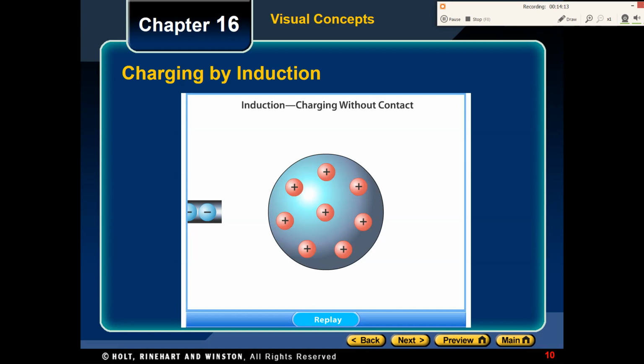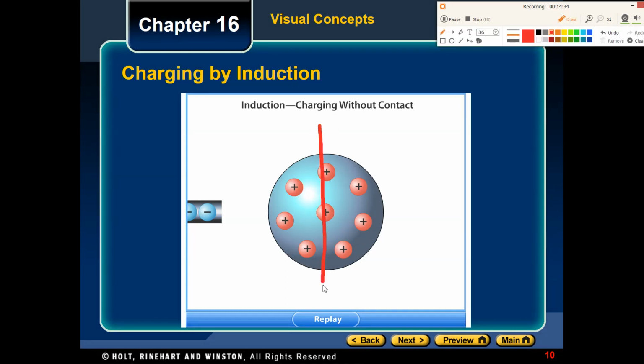Basically, if you bring something negatively charged closer to a conductor, the negative charge is going to attract all the positive charge. So all the positive charges gather closer to this negative charge, and all the negative charge goes to the other end of the conductor.